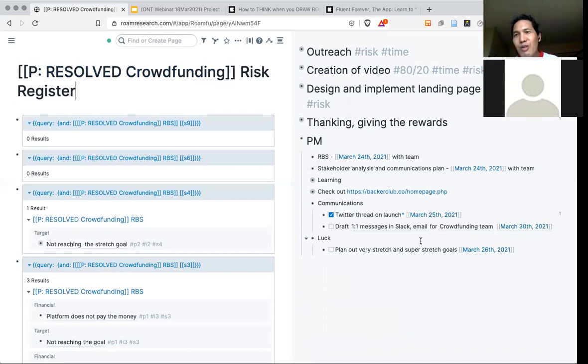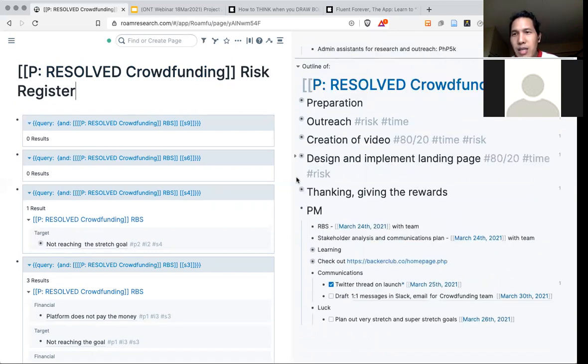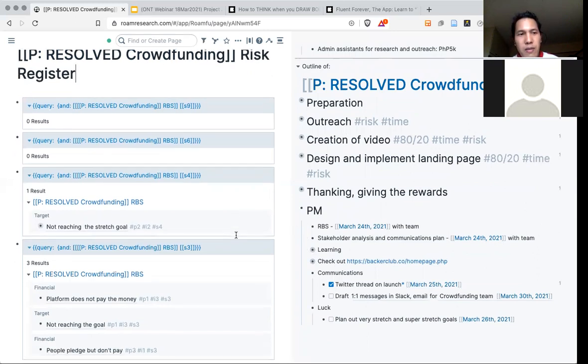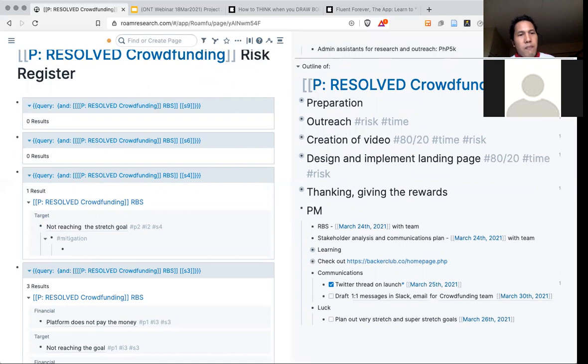Maybe we were too conservative in our ambitions. So whatever comes out of here, we will also place in our WBS. This will be converted to tasks. For instance, not reaching the stretch goal: how do you think we could mitigate this risk? Mitigation means how do you lower the probability, or how do you lower the impact?